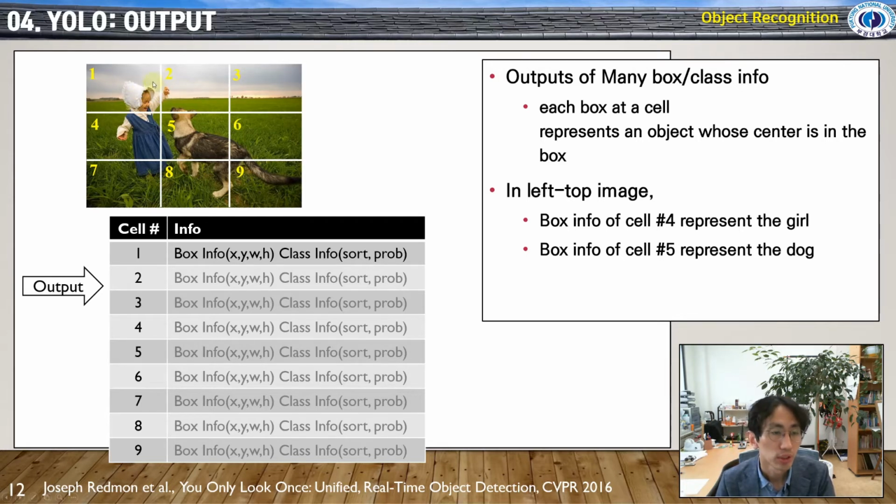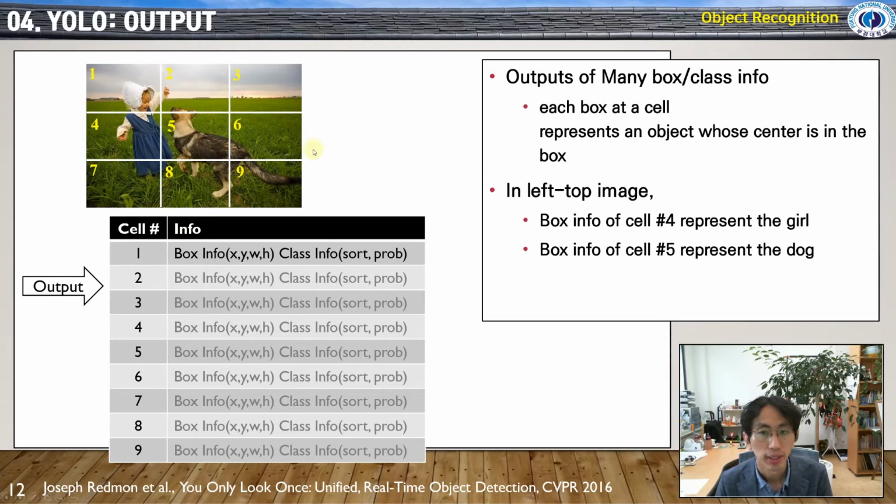So, for example, there is a goal here, then this goal should be detected at cell number 4, we assume. So we are going to train this network to make the output of this goal at cell number 4.